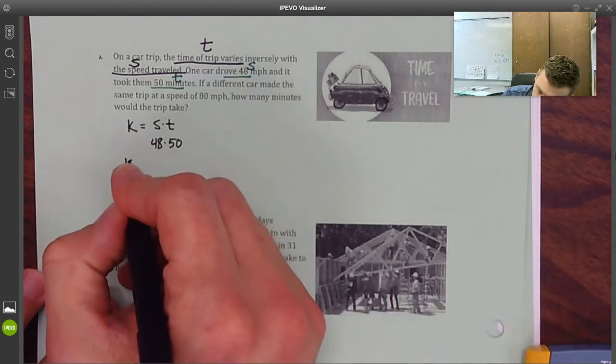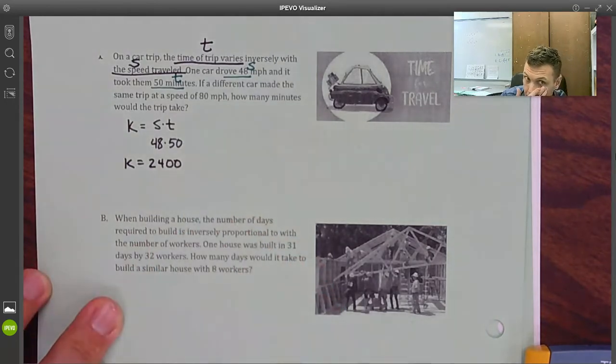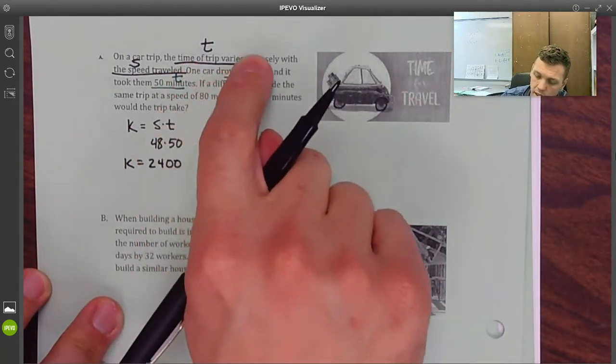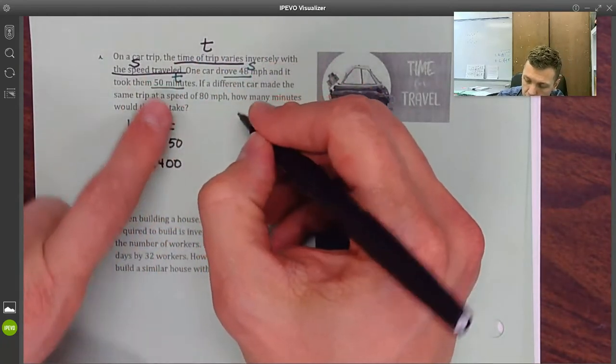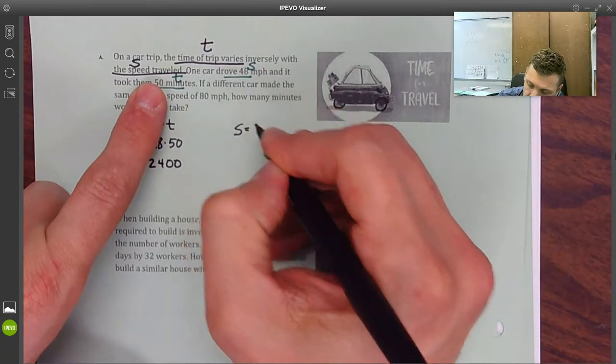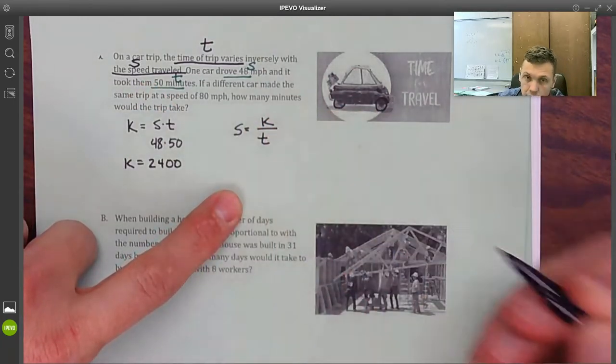So my k equals 2,400. Okay, so here it says the trip varies inversely with the speed. So my equation, we're going to say the speed is equal to the constant of variation divided by t.